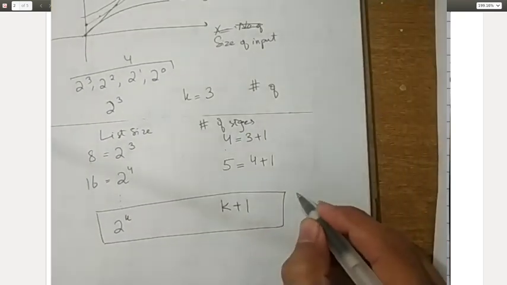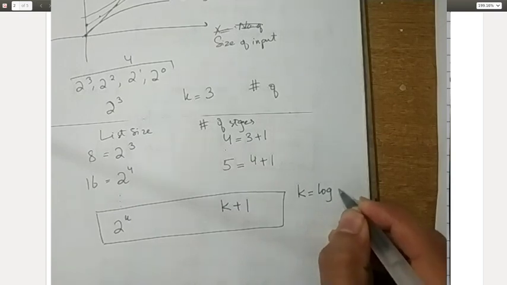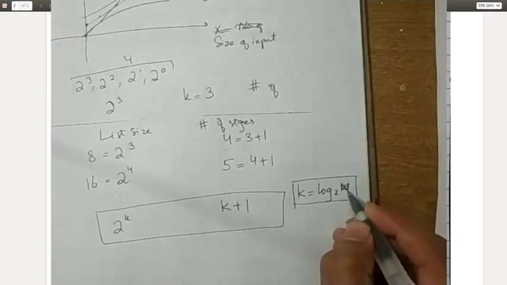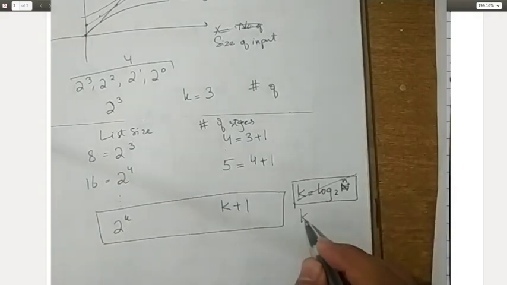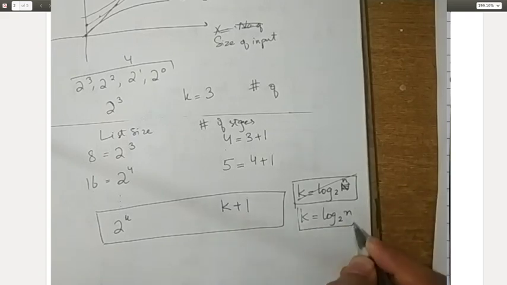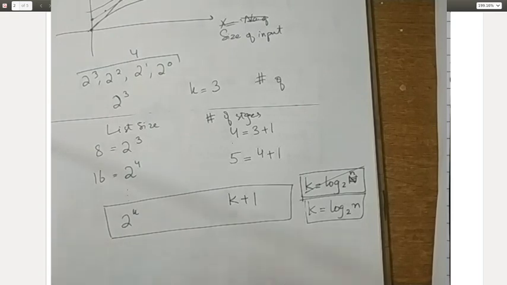where you can see simply that k is log base 2 of n, small n, not big N. Let me write this again. k is simply log base 2 of n. If you take the log of this, you will get k, log to the base 2.